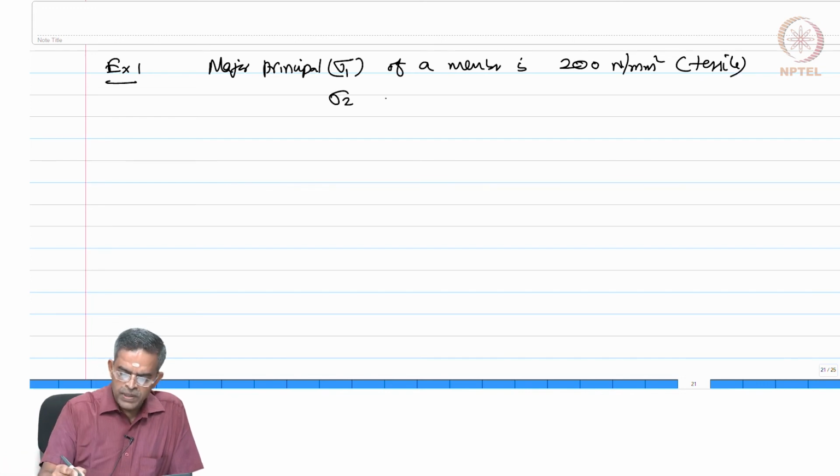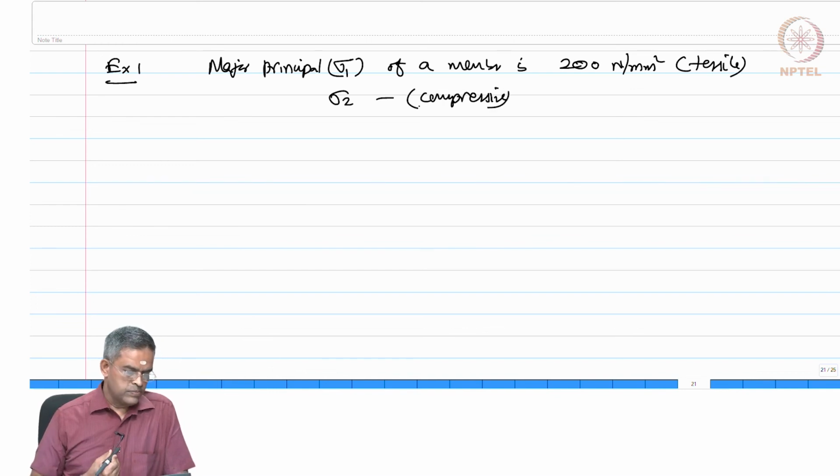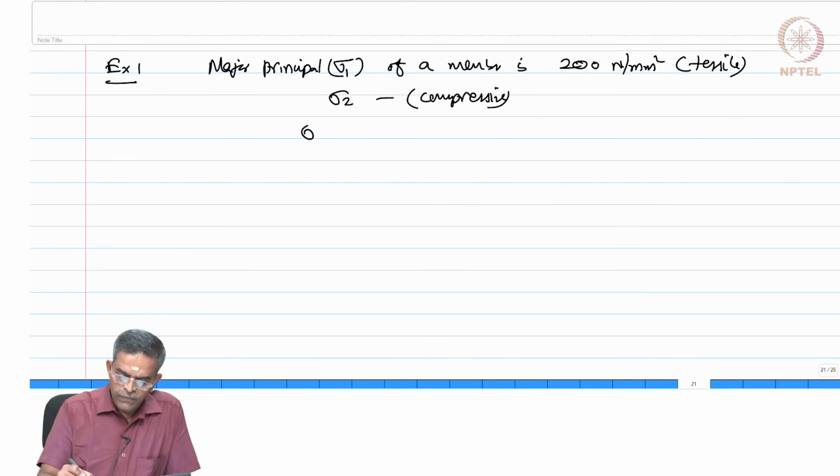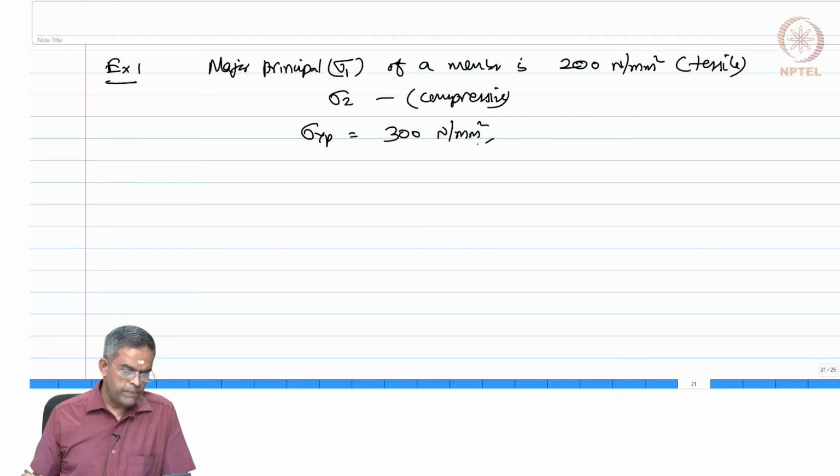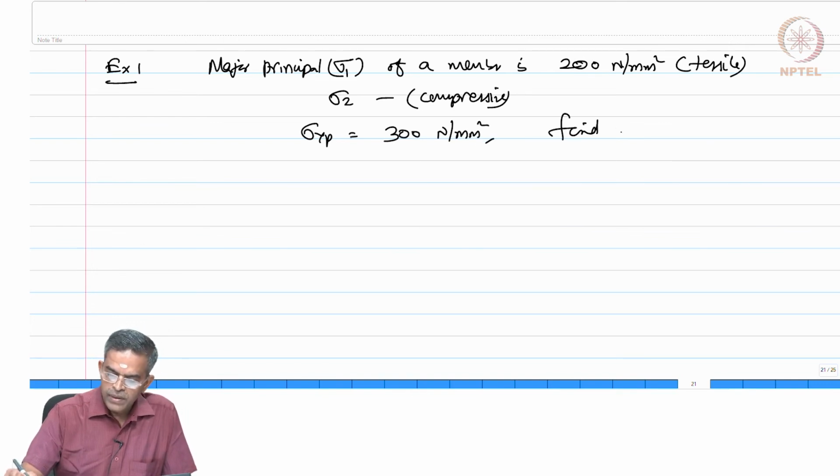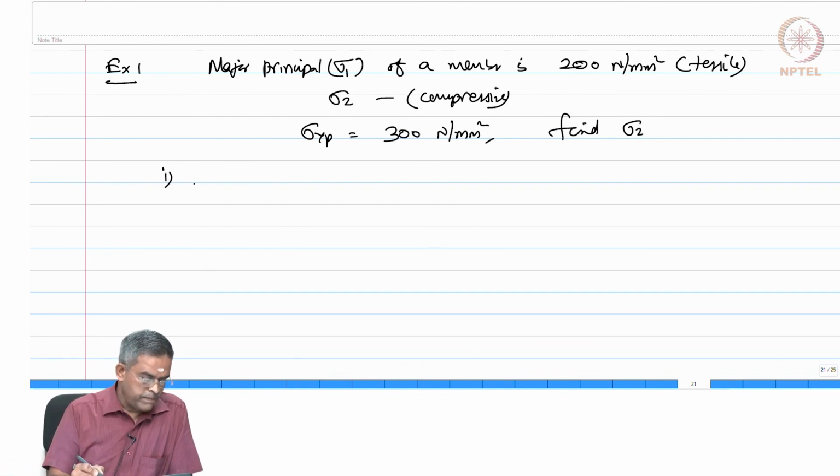The minor principal stress seems to be compressive. Okay. If the yield strength of the material is 300 Newton per mm square, find the minor principal stress using the following theories.